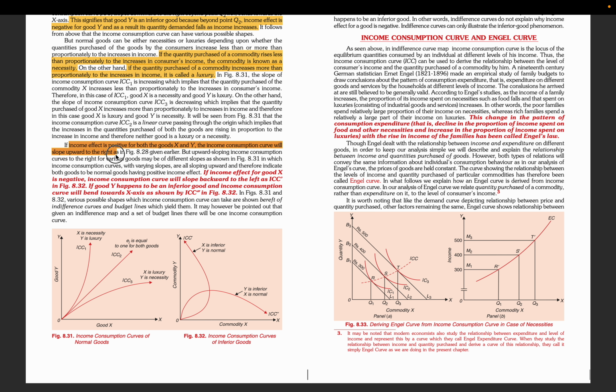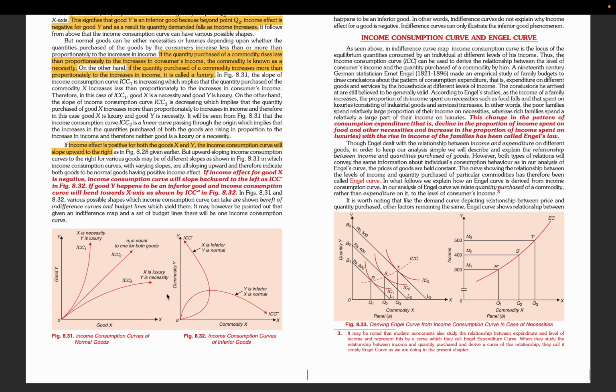Upward sloping income consumption curves to the right for various goods may have different slopes, as shown in 8.31, in which income consumption curves with varying slopes are all sloping upwards and therefore indicating that both goods are normal goods having positive income effect.